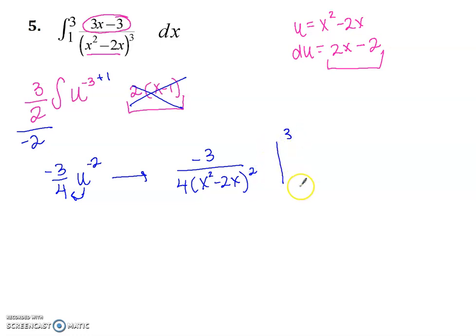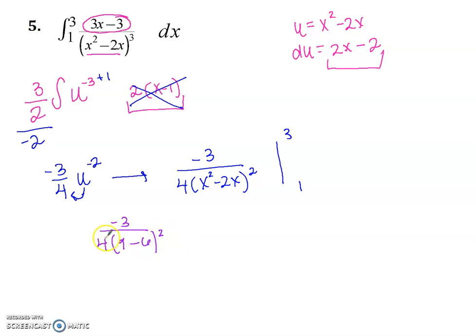Then we're going to plug in 3, plug in 1, and subtract them. When I plug in 3, I'll have negative 3 over 4 times 3 squared is 9, so that'll be 9 minus 2 times 3 is 6, and then square it. So 9 minus 6 is 3.